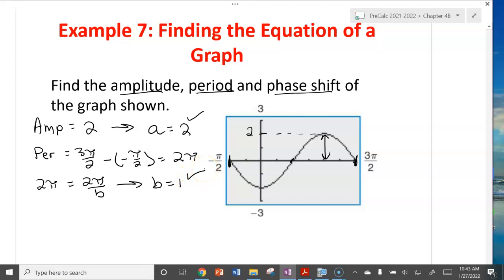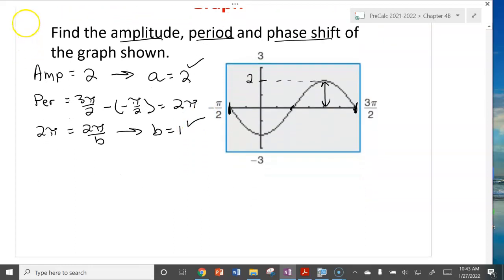Phase shift. Well, we need to figure out C. Well, our starting point right here is at negative pi/2. That's our first critical point. B equals 1, so I don't have to do the, well, let's go ahead and do it. So the left point is bx minus c equals 0.